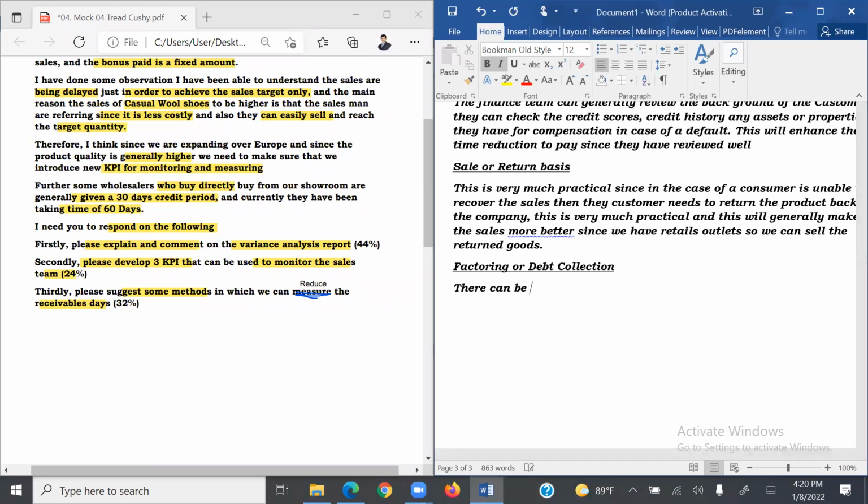There can be situations where the company can outsource the payment collection to a third party.